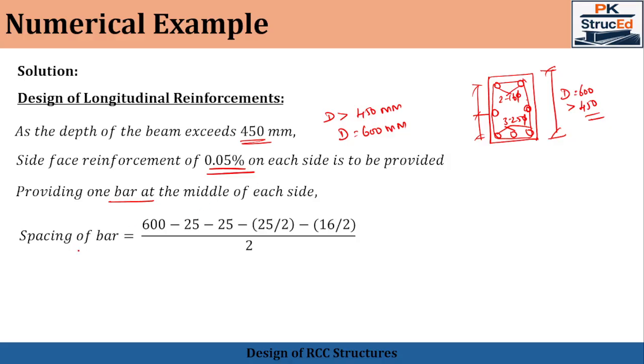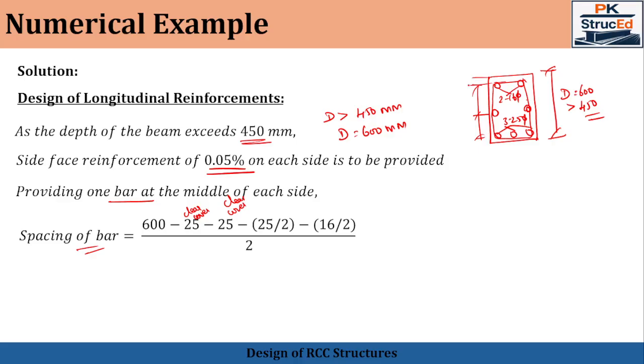So the position of the side bar will be calculated. That is, overall depth 600 minus 25 clear cover on top, and again clear cover at the bottom. Let me explain with this figure.